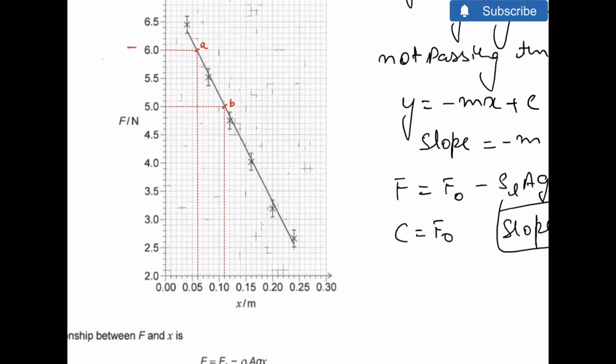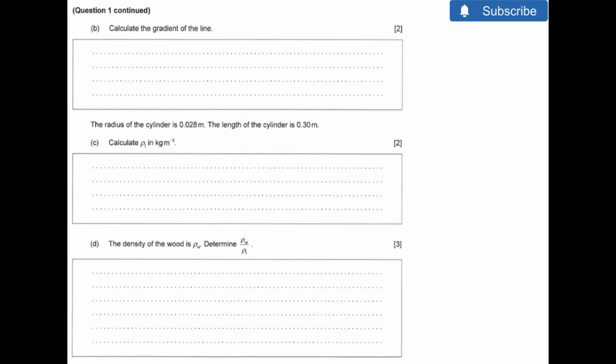Now you can see that this is delta y, and delta y is 1, that is 6 minus 5, and this is delta x, and delta x is 0.05.